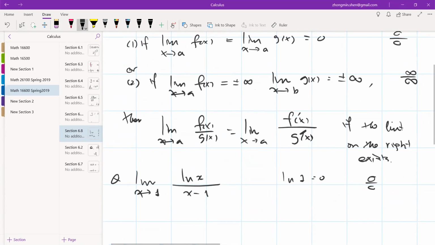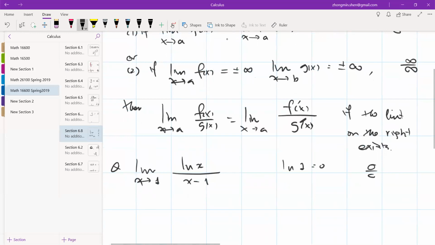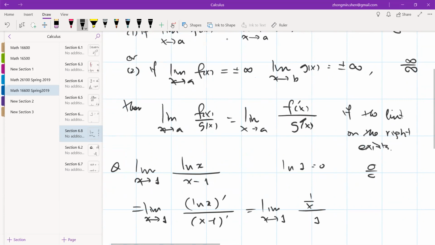The denominator approaches 0. Then you can apply L'Hopital's rule and differentiate the numerator and differentiate the denominator. You'll be surprised that this is going to be a very simple function. The denominator is 1, the numerator is 1 over x, and clearly this simplified function is just 1 over x. And then when x approaches 1, that's just 1 over 1, it's 1.